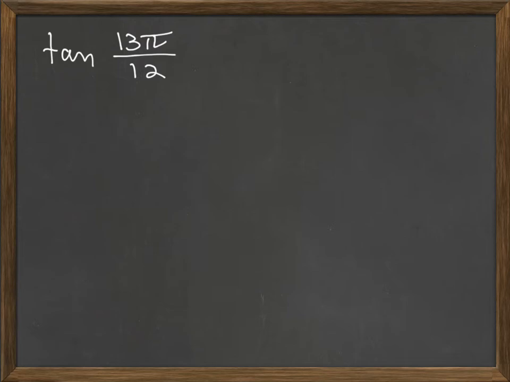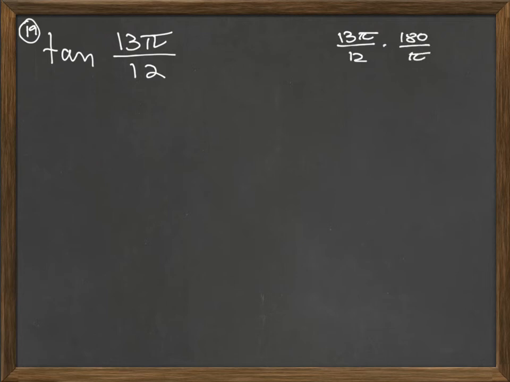A tangent, 13 pi over 12, that's number 19 here in the book. Number 19, you have to find all of them. 13 pi over 12. Again, that's not a common radian angle. Let's change it to degrees.